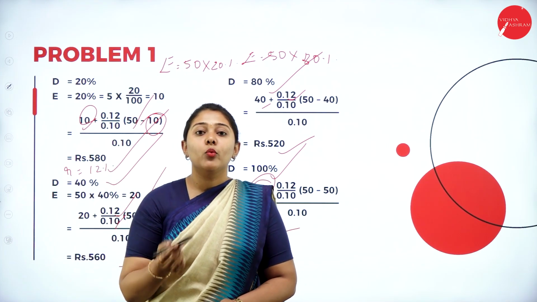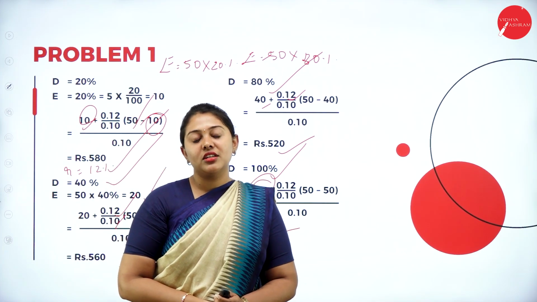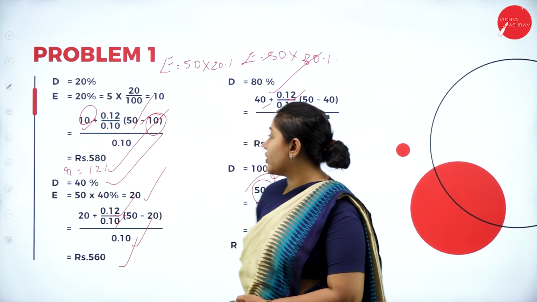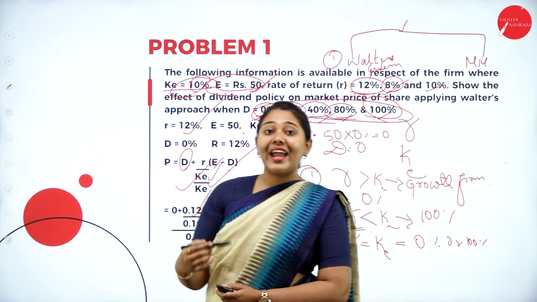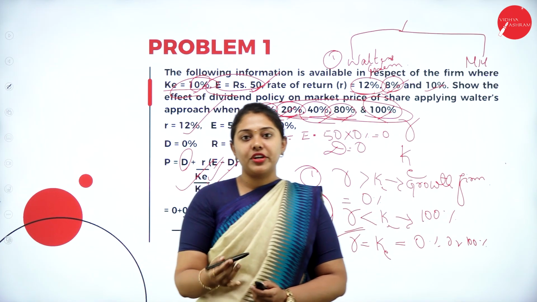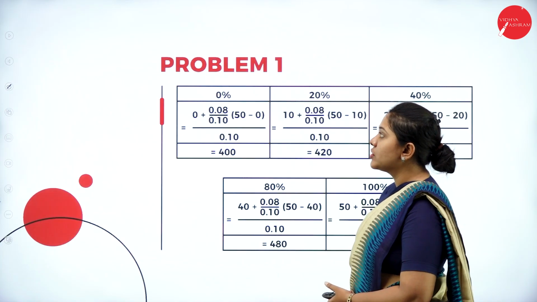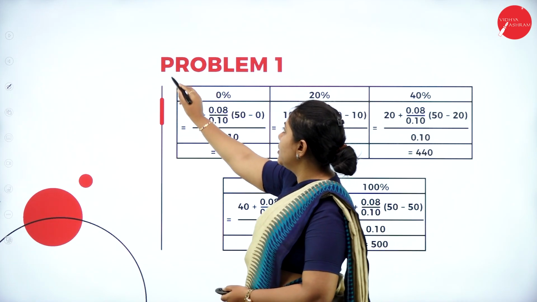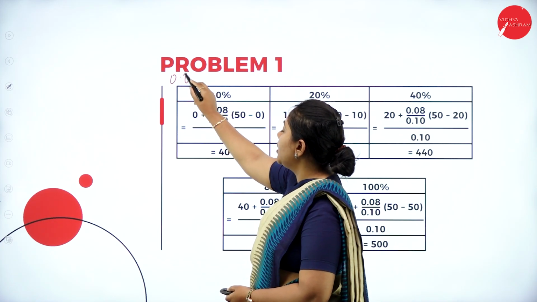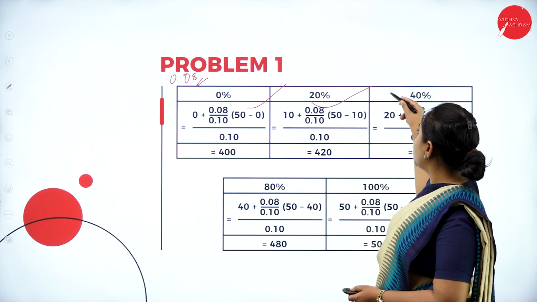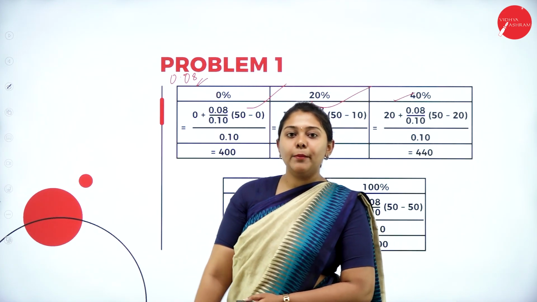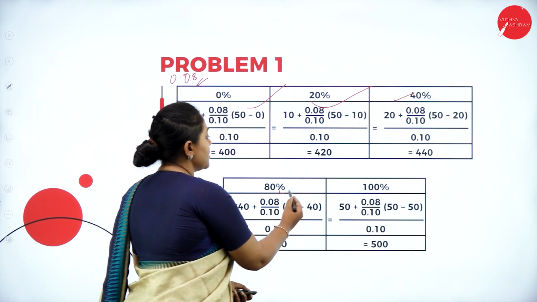Moving forward, we have another rate of return given in the question. So what is the other rate of return? It is 8%. So 8% is the rate of return given in the question. So next is 8%, when it is 0.08, dividend is 0%, 20%, 40%, 80% and 100%.